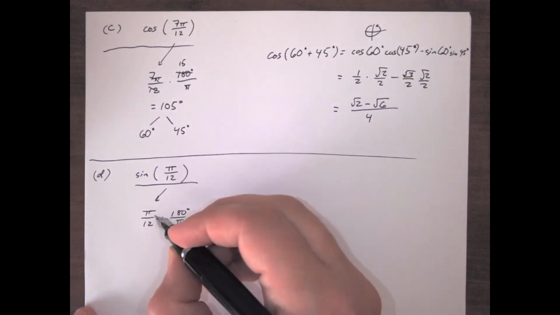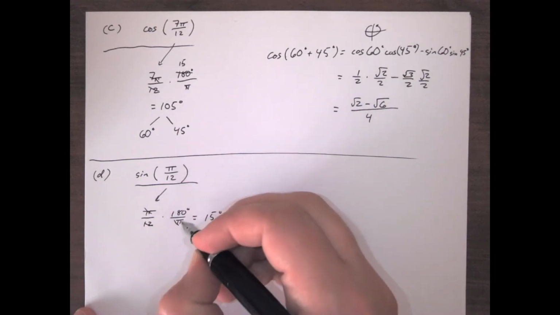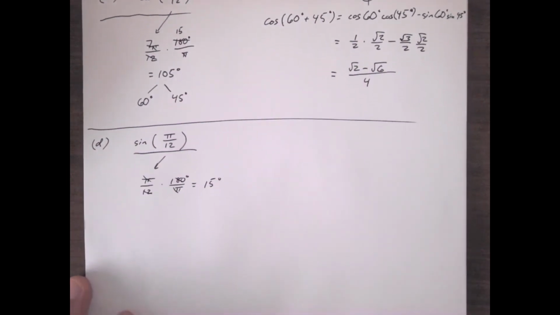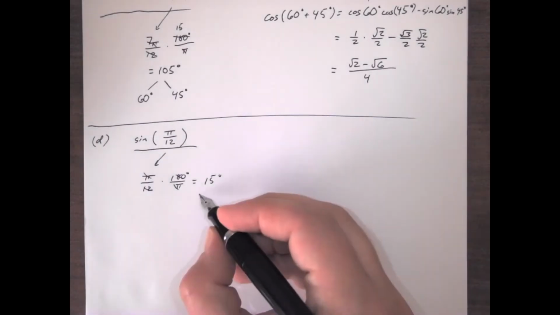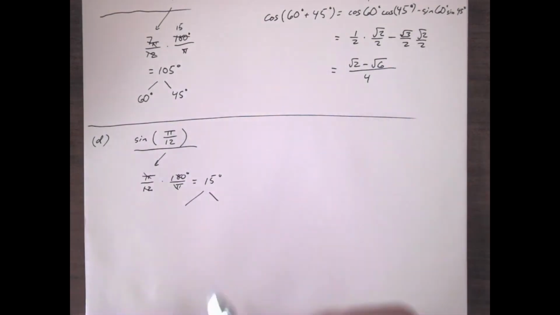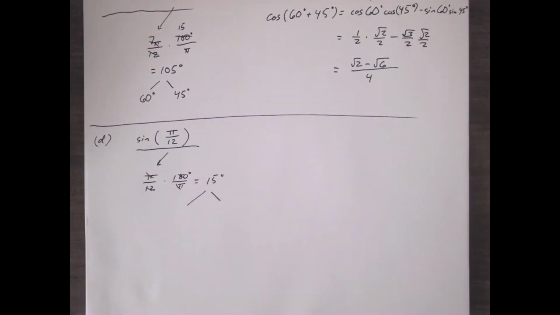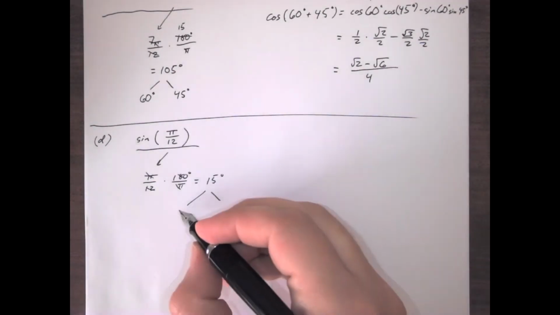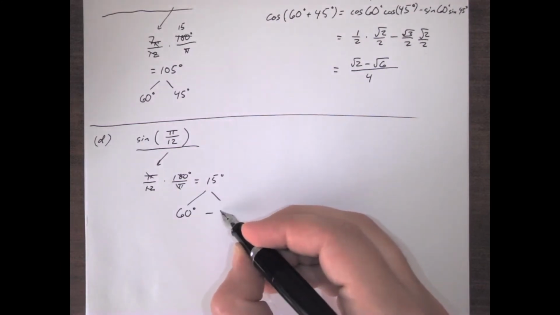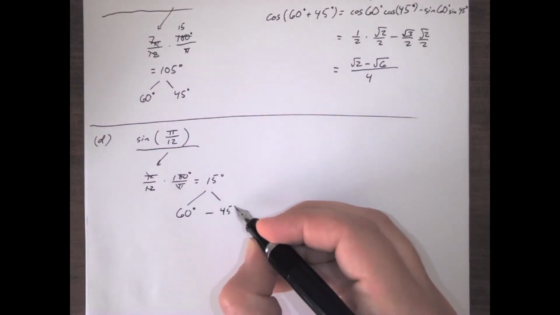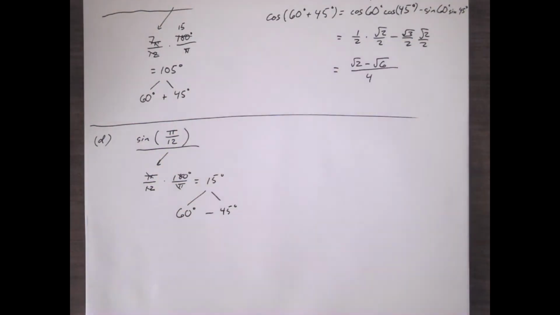And I already noted that 12 goes into 180 15 times. Or alternately, I could think, well, this would be half of pi over 6. Now, this is a little bit trickier because I have to think of what minus what makes 15 among my known angles. And here, once again, 60 and 45 are good places to start. 60 minus 45. So this one was 60 plus 45. This one would be 60 degrees minus 45 degrees.